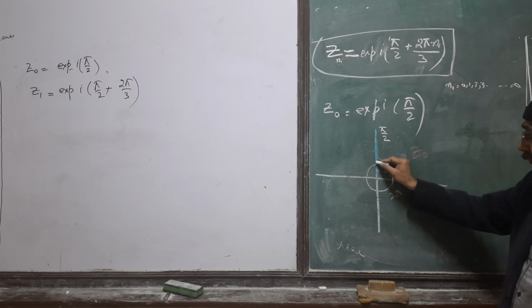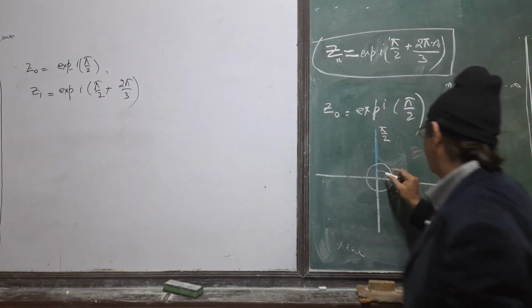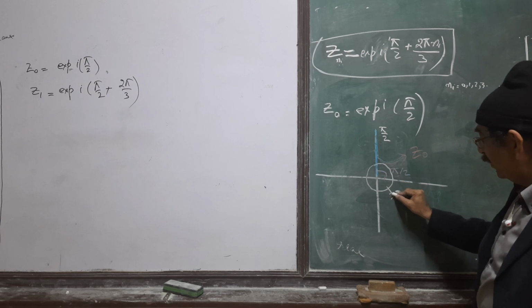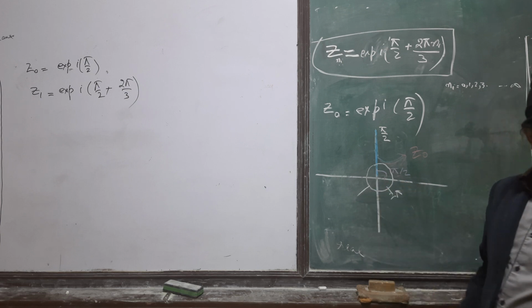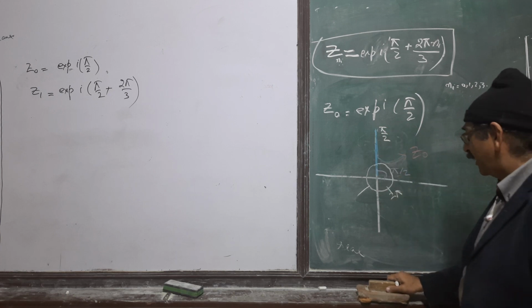If I divide it into 3 parts, this will be one and this will be a third. The complete angle is 2 pi.